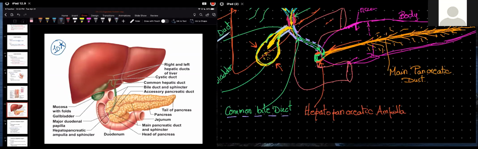The hepatopancreatic ampulla has a muscle surrounding it regulating the passage of the secretions. We're going to call this my hepatopancreatic sphincter.